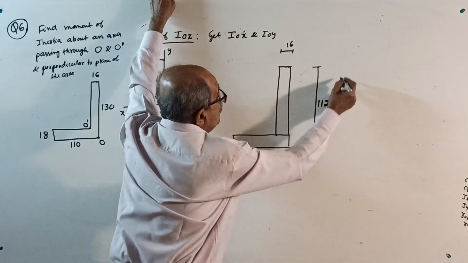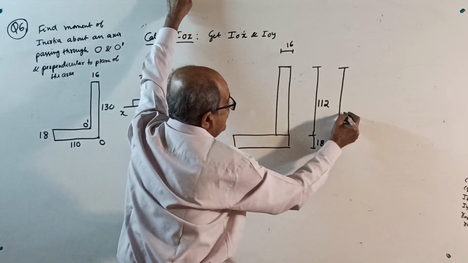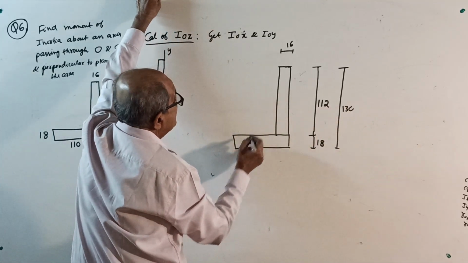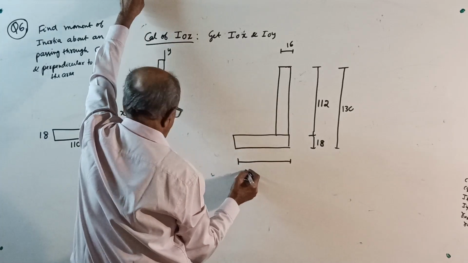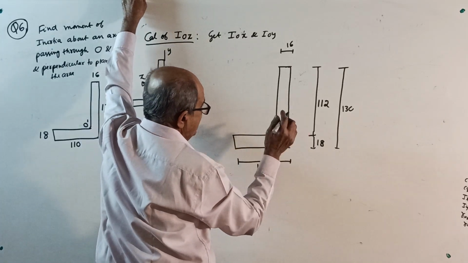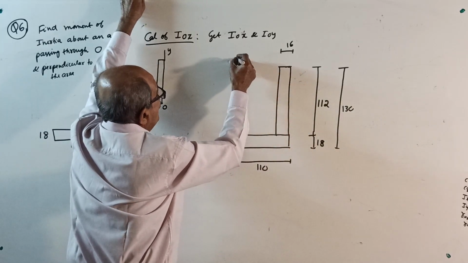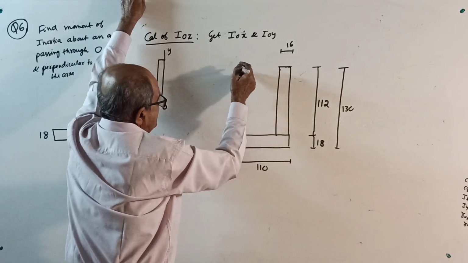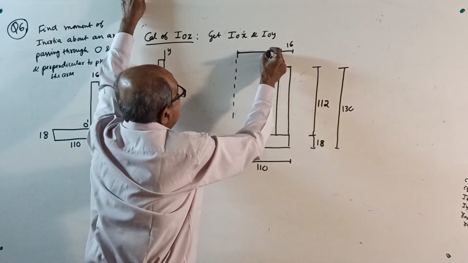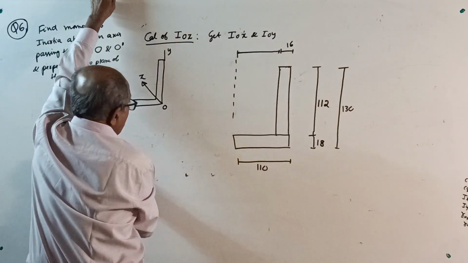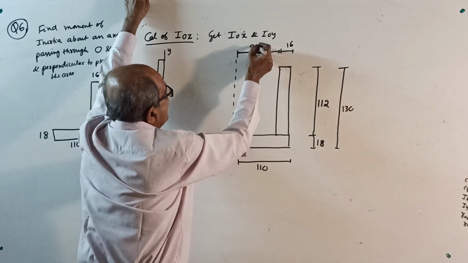And total is how much? Total is 130. Horizontally, this is 16. This is 110 by 18. And in case you want this offset here, from here to here, from 110 subtract 16, 94, correct?